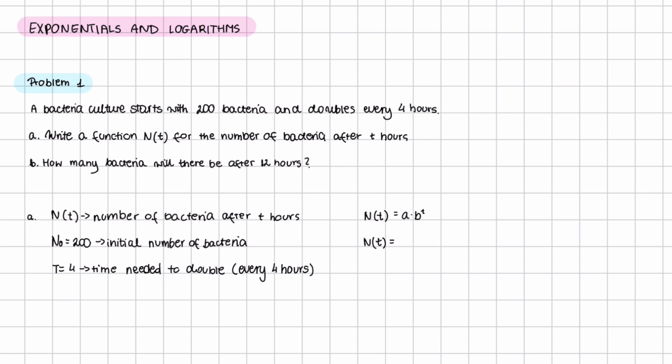Firstly, we have to write our initial number of bacteria, so 200, and it doubles every 4 hours.